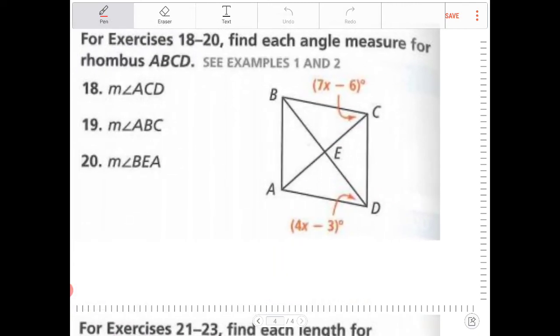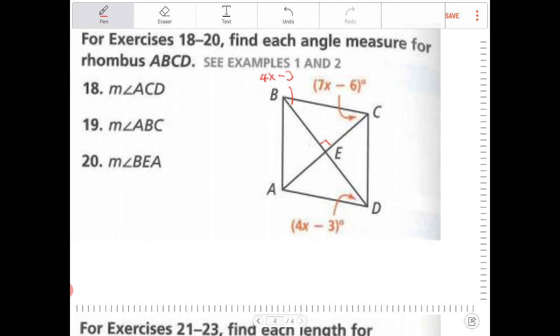Exercise 18 to 20, find each angle measure for rhombus ABCD. So ABCD is a rhombus, and I know that this will be a 90-degree angle. And since this is 4x minus 3, this angle over here must also be 4x minus 3.